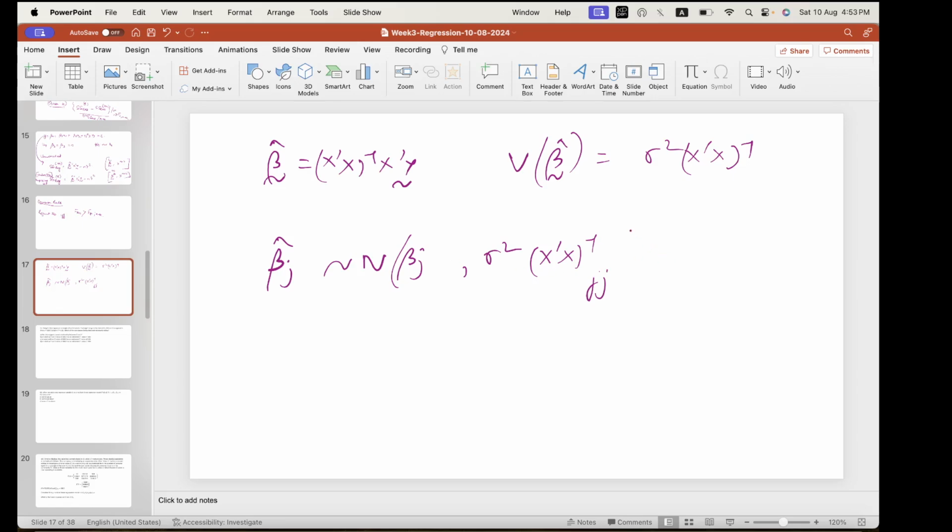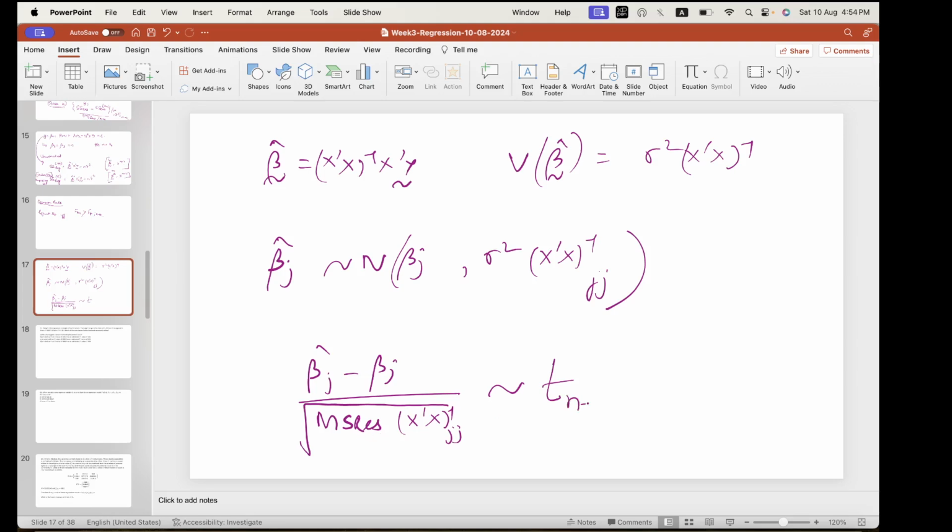Okay, now for individual level of testing, what did we do? We had this test statistic, beta j hat minus beta j divided by the root of MS residuals times the jj element of X prime X inverse. This would follow a t distribution with degrees of freedom of the residuals, so n minus k.